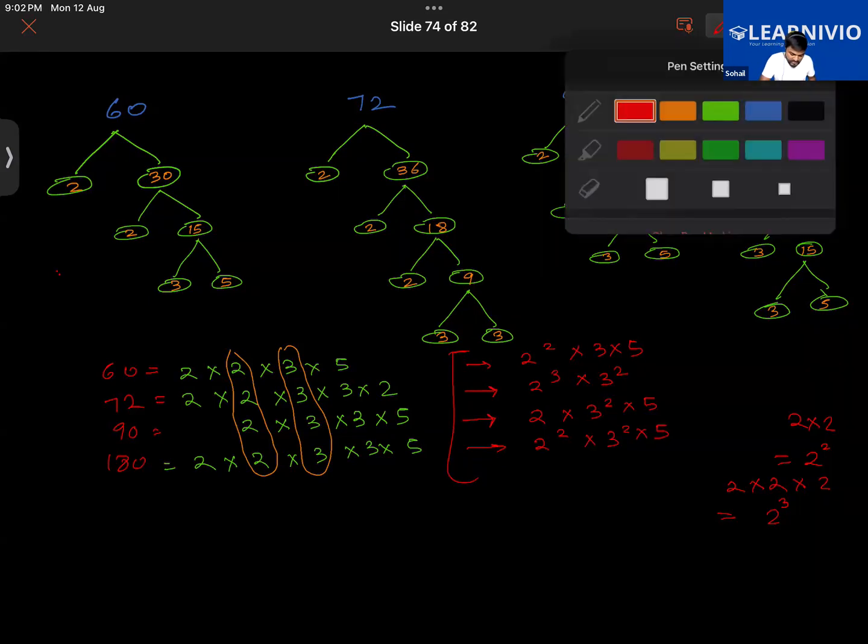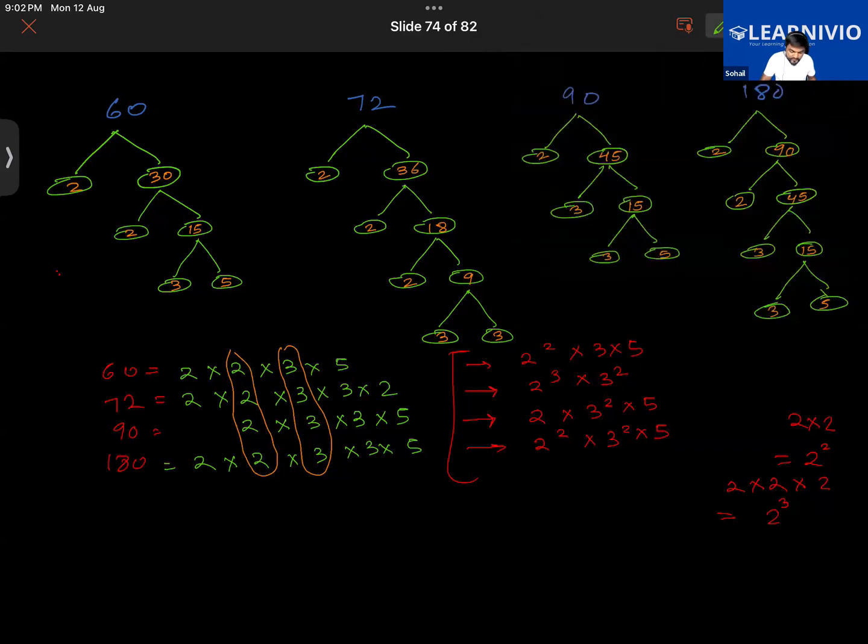Okay. Now you guys tell me which numbers over here are being repeated the maximum number of times. This 2, this 2, this 3, this 3 and this 3, right? Notice the circles I have drawn over here.